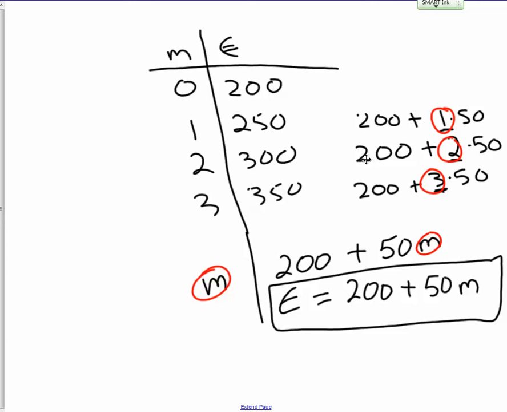In 2 months, he had his €200 for his birthday plus 2 groups of 50 because he saved €50 2 months. And that's 100, and 100 plus 200 is 300. At 3 months, he had 3 groups of 50, which is 150, plus 200 is how we got 350.